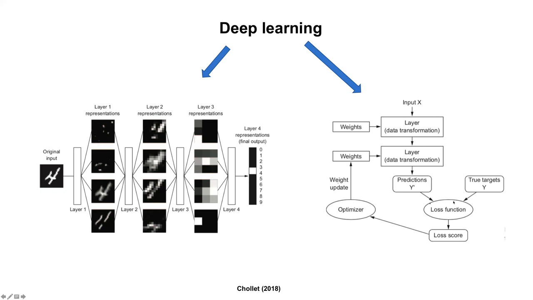This is exactly like it sounds: how far the output is from expected. We get our loss score, which is part of what's called back propagation. Some optimizer uses the loss score to adjust the weights and how they transform the data to minimize the loss in the next iteration. So that's the learning part.